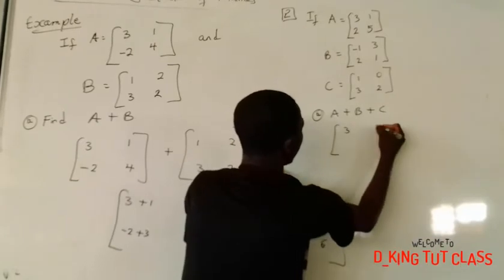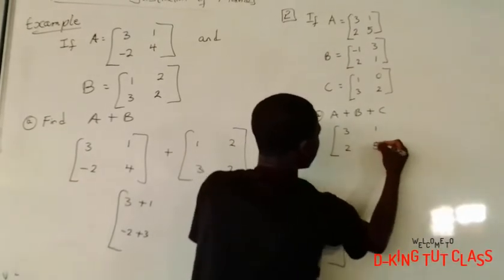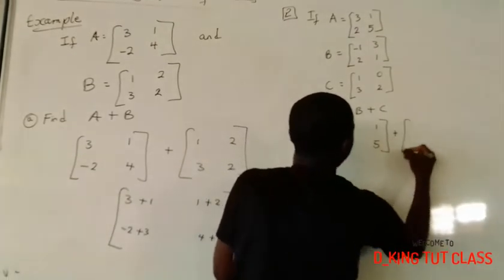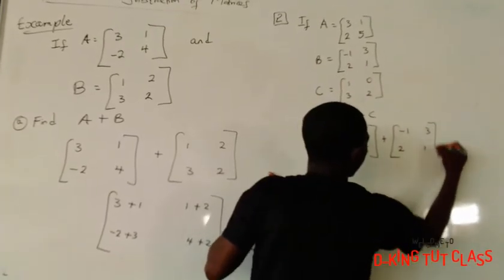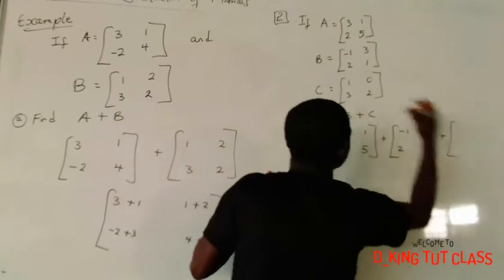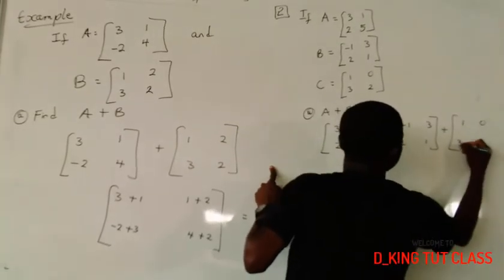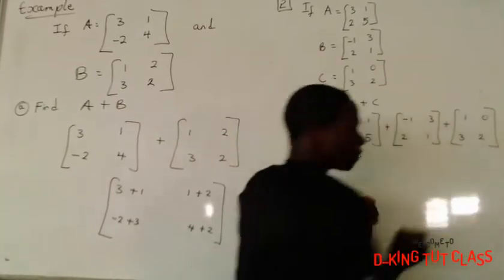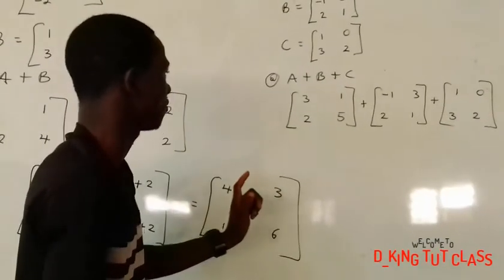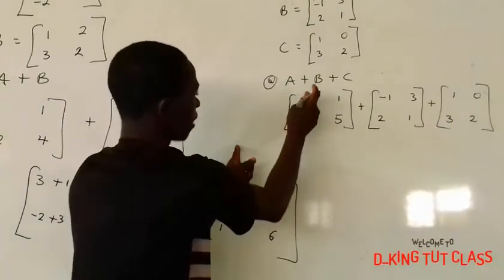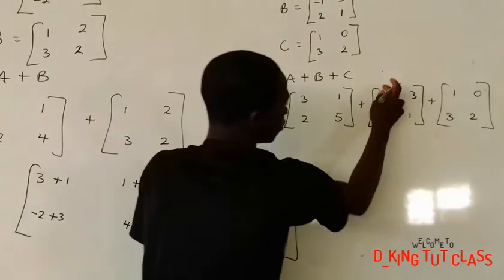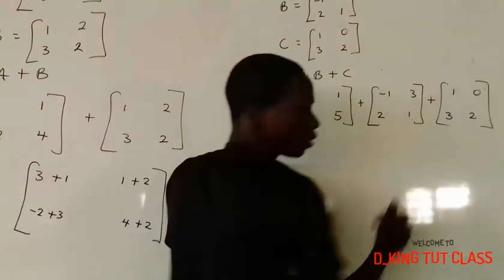We'll be having 3, 1, 2, 5, adding it up with minus 1, 3, 2, 1, and adding it up with 1, 0, 3, 2. Don't forget the logic I gave earlier: we'll be adding based on the cells. This is row 1, column 1 for this matrix, row 1, column 1 for this matrix, and row 1, column 1 for this matrix.